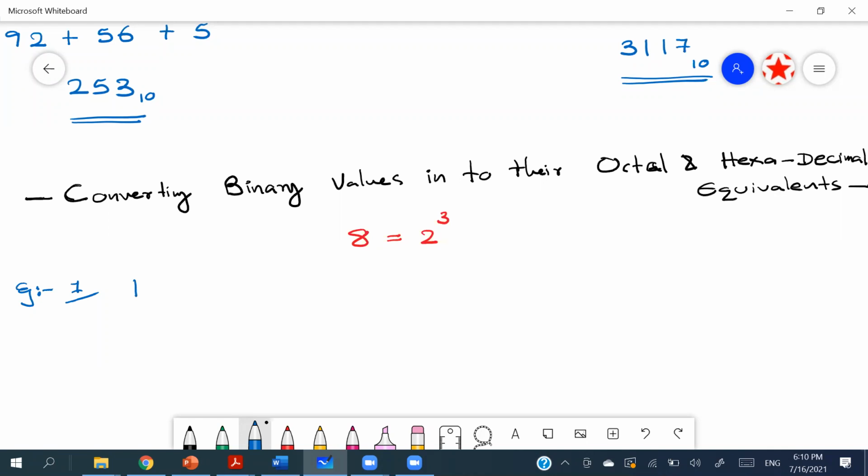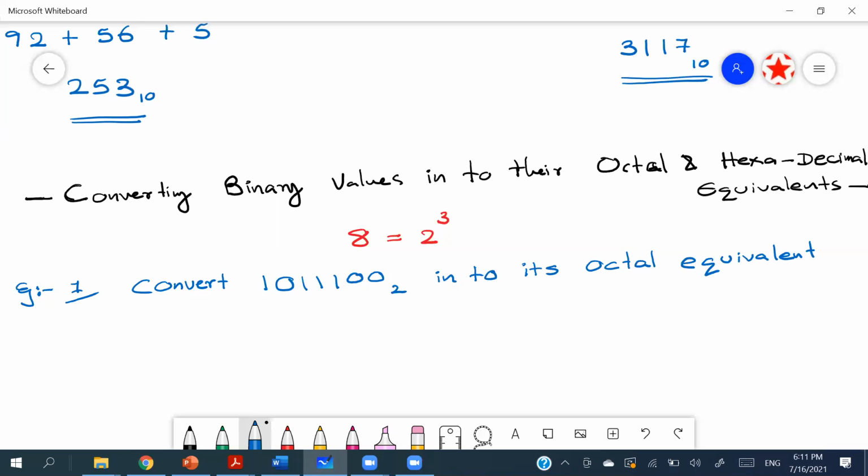So I'm saying, convert 1 0 1 1 1 0 0 into its octal equivalent, right?